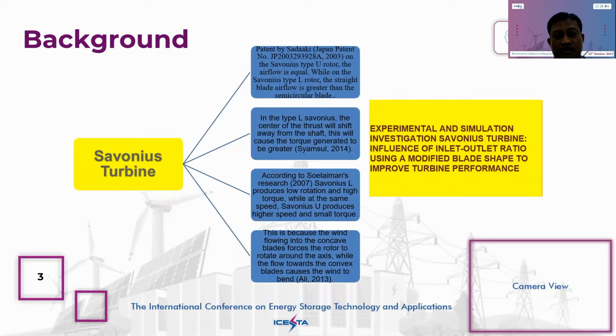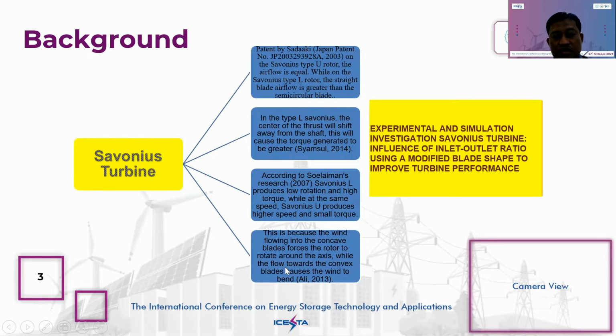This is my research. Before this, we had source references from other researchers: a patent by Sadaaki, a Japan patent, and also from Samsung, the Savonius type, and also from Sulaiman. Savonius L produces low rotation and high torsion.